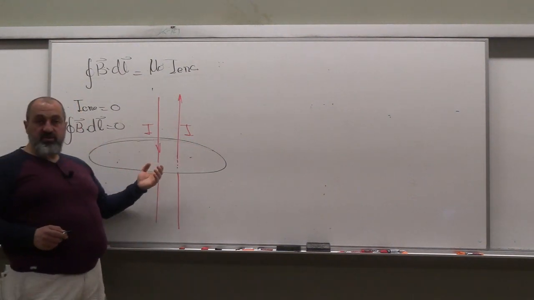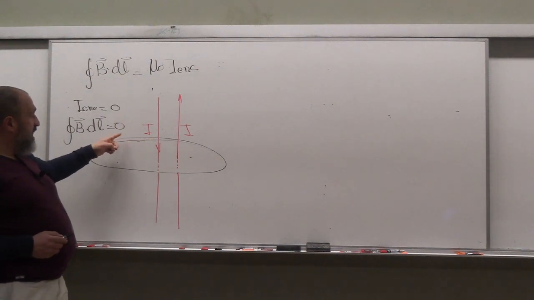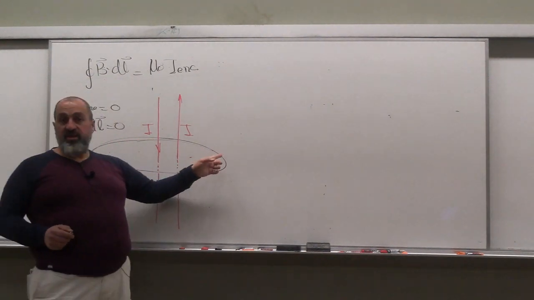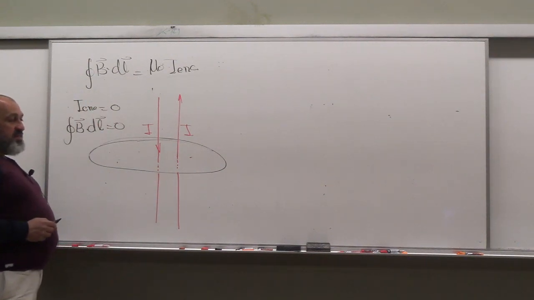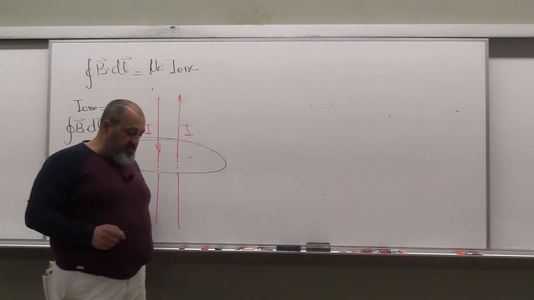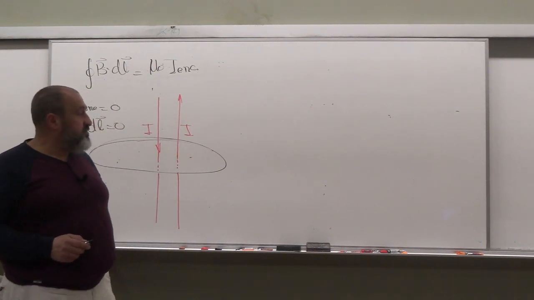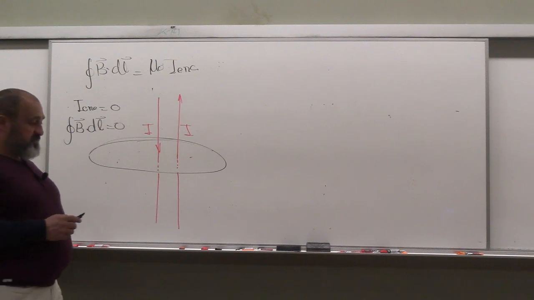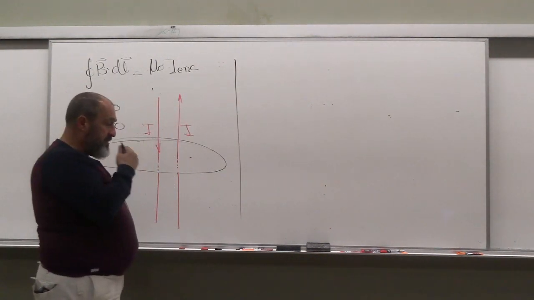It might be 0 at some point along the contour, right? But the field will not necessarily be 0 at every point along the contour. This is a similar case to Gauss's law, whereby the flux can be 0, but the field is not 0. Right? So this is something to pay attention to, conceptual understanding of Ampere's law.